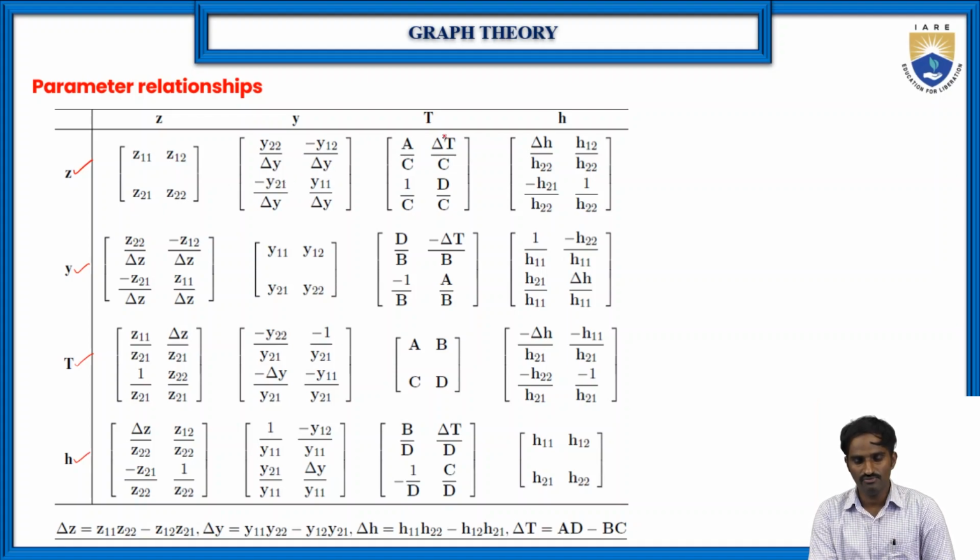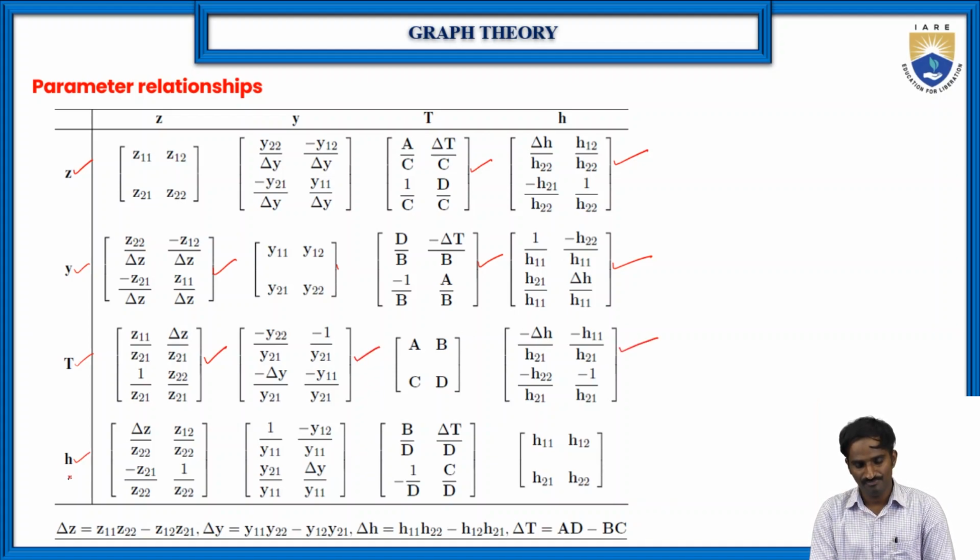In a similar way, if we know the transmission parameters, then we can also find the Z parameters by using this matrix. And in a similar way, from the H parameters also we can find the Z parameters by using this matrix. Similarly, the Y parameters also we can find from the Z parameters, as well as the ABCD parameters and the H parameters. The transmission parameters also we can find by using the Z parameters as well as Y parameters as well as the H parameters.